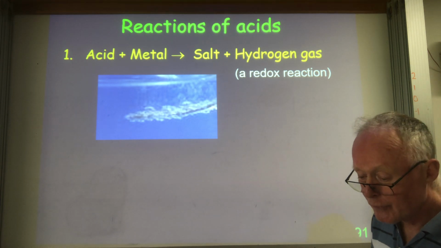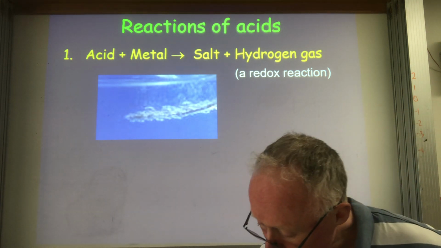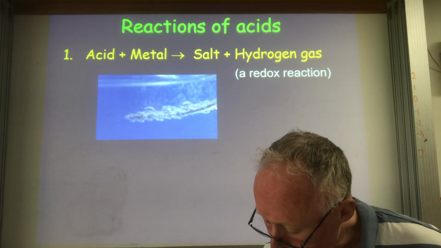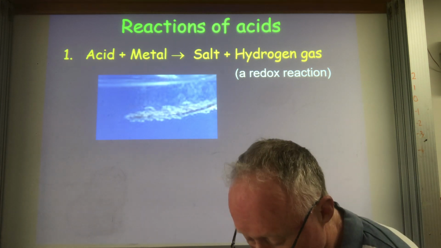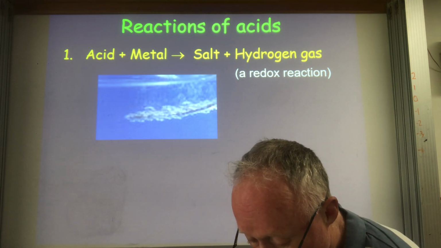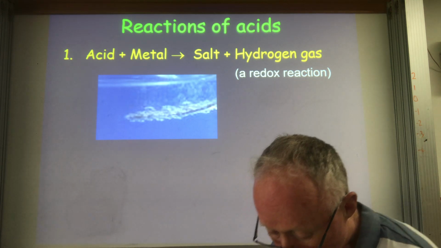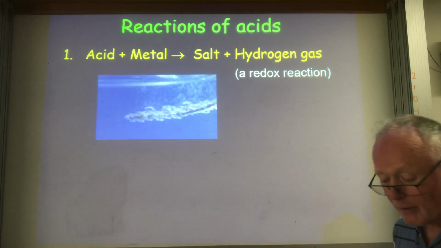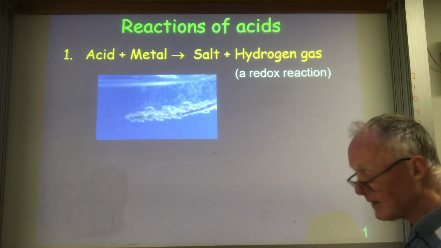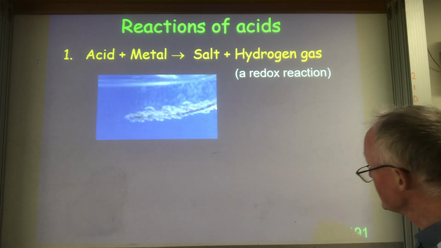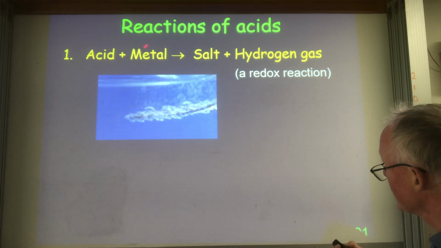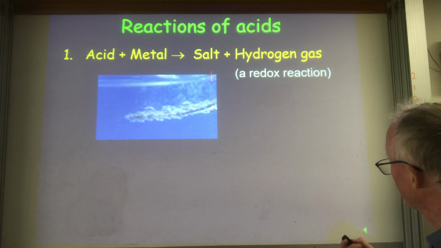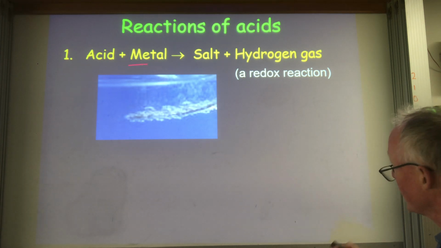Okay, now on to the basic reactions of acids, the essential reactions of acids, I should say. So, three basic classes of reactions that we look at. First of all, acid plus metal gives salt plus hydrogen gas. That's a reaction scheme.